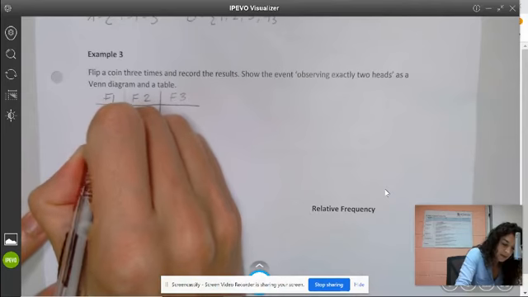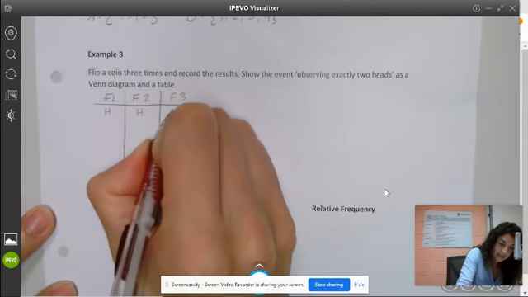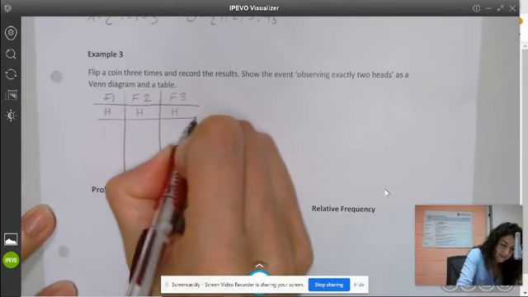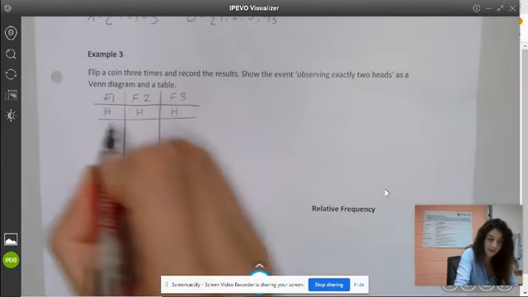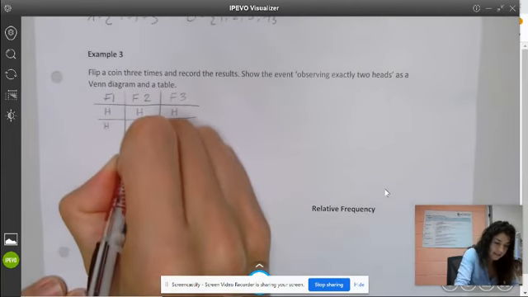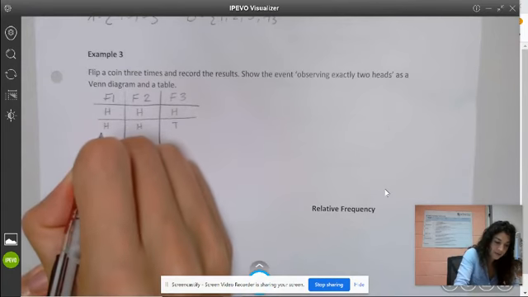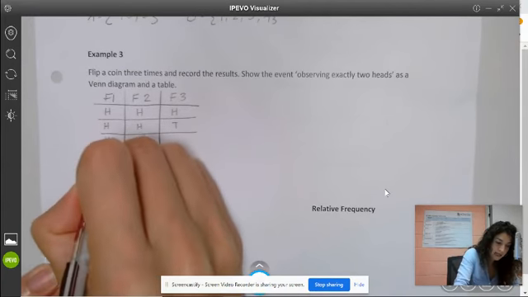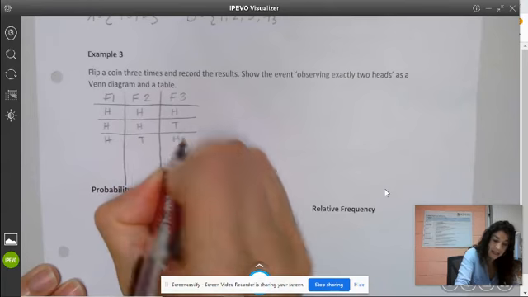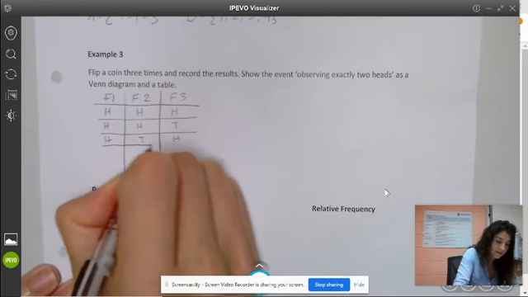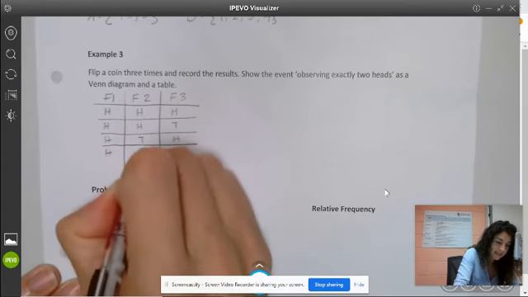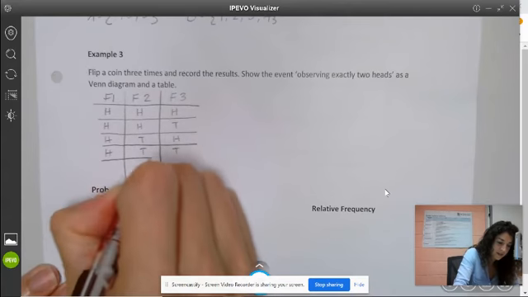So it could be possible that we do heads, heads, and heads. It's possible we could flip heads all 3 times. Or it could be heads, heads, and then tails. Or it could be heads, tails, and then heads. Or it could be heads, tails, and then tails.